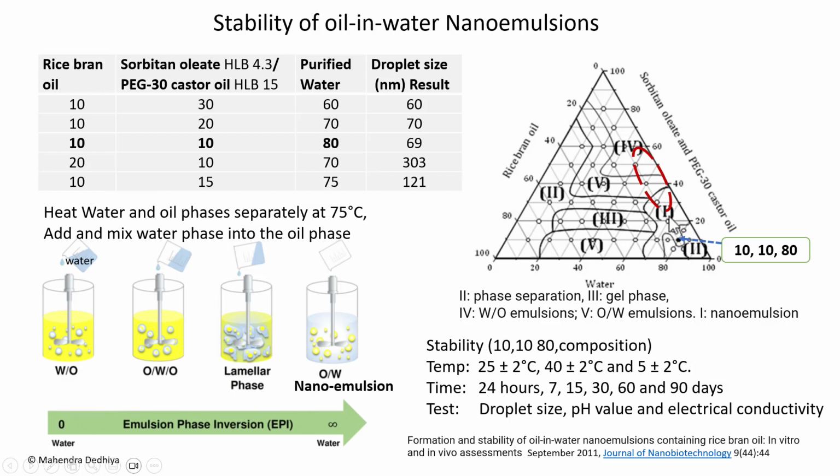All other regions are not nanoemulsions. Stability was conducted using the 10-10-80 formulation with a droplet size of 69 nanometers. The protocol is 25 degrees, 40 degrees, and 5 degrees, up to 90 days. Tests were droplet size, pH value, and electrical conductivity.